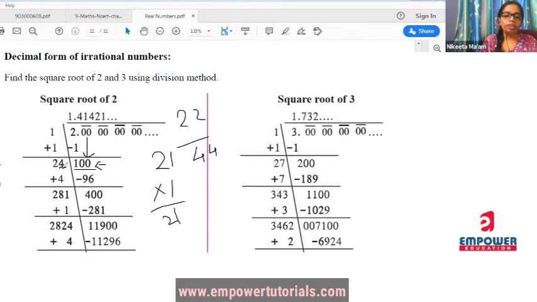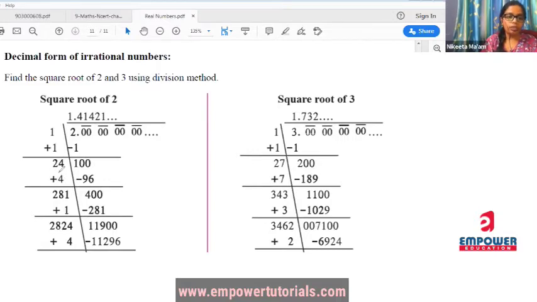100. So we must choose the number over here so that when we multiply by that number to this whole number, it should be less than this number but nearer to the number which is present over here. That's why we have taken 4 over here.